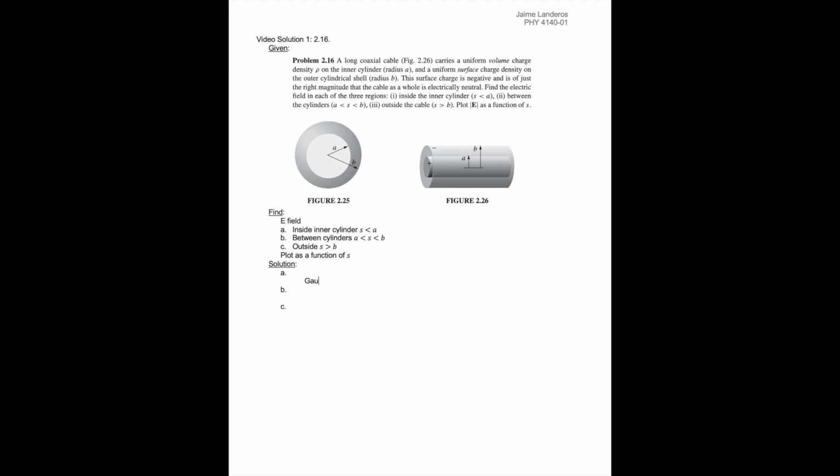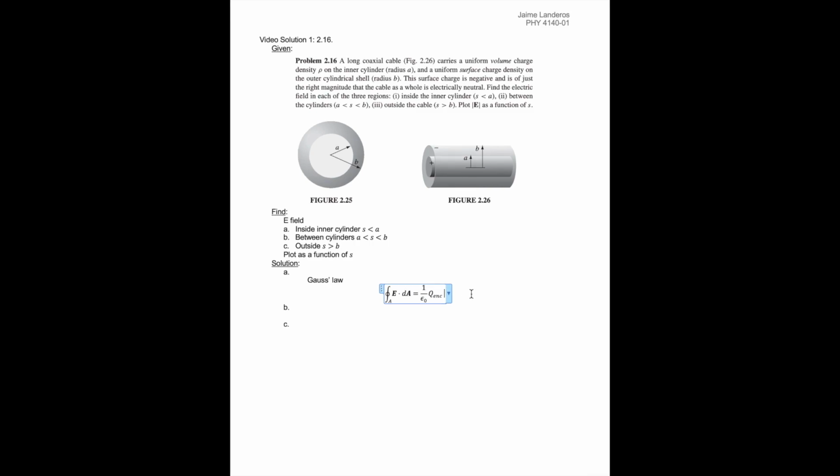So let's begin by writing Gauss's law. From Gauss's law, the surface integral of the electric flux is equal to 1 over epsilon naught times the total enclosed charge. Okay, and so what we're going to do now is write it down as we speak.